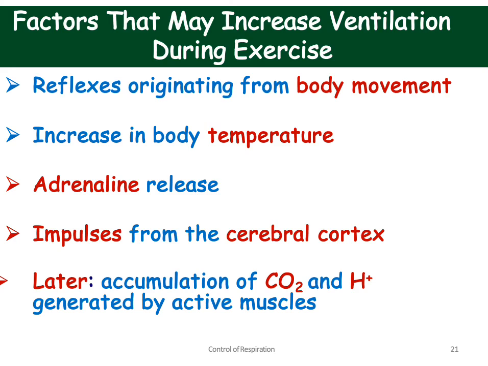Both the lactic acid production and the carbon dioxide increment in the blood will increase the hydrogen ion concentration in the blood. So both of these will increase the ventilation during exercise.